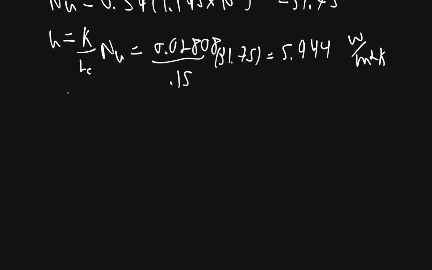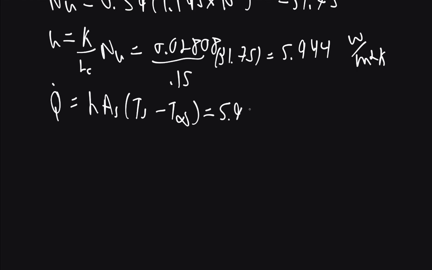And we have Q dot is h A_s (Ts minus T infinity), everyone's favorite equation. 5.944 times 0.36.